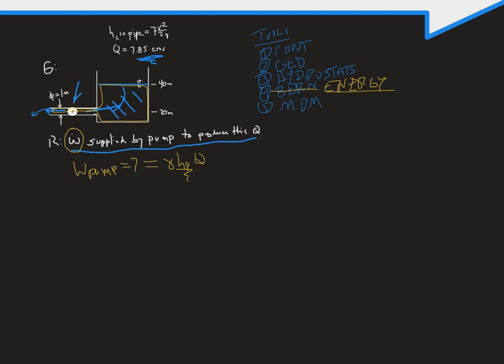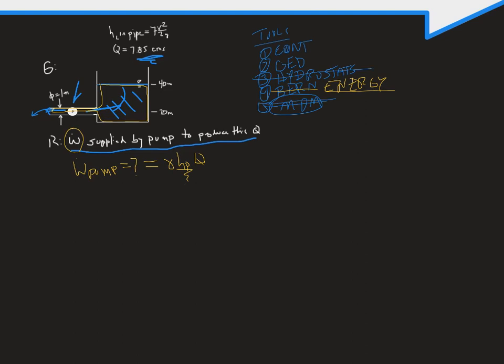I don't know if we need continuity, or this is a really ugly continuity, or geometry. It seems unlikely that we're going to need momentum, because those are for problems that ask for the force on a moving fluid. Hydrostatics, we're not going to use here because everywhere in this problem the fluid is moving.